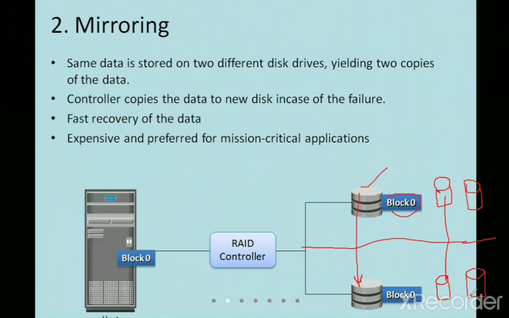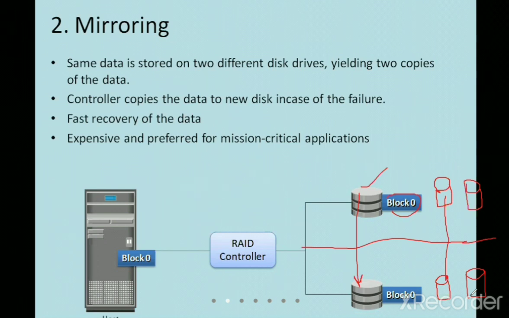That is the functionality of the mirror. If one disk fails, the other disk is there, so you have to make sure that there is another disk, that is the mirror disk, to which this data will be transferred.